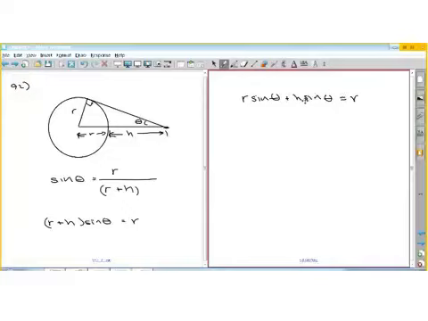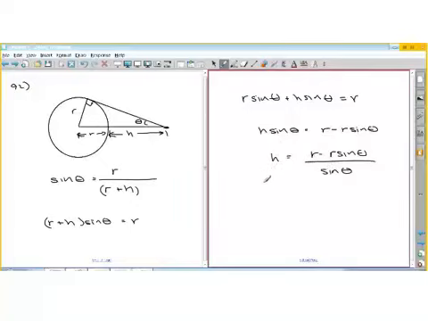Again, we're trying to solve for h, so we're going to move this term to the other side. So we'll get r minus r sine of theta. This goes over there, it becomes negative. And then we divide both sides by the sine of theta. So we'll get r minus r sine of theta divided by the sine of theta.